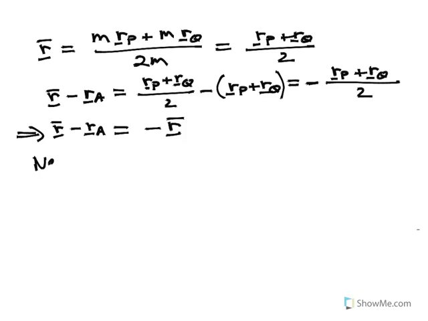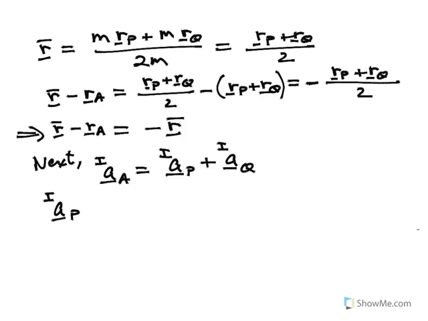So next, the acceleration of A in I is equal to the acceleration of P in I plus the acceleration of Q in I, because the position of A is equal to the position of P plus the position of Q. Now we can actually start to work with this. So the acceleration of P in I: we have to get the velocity of P in I first.